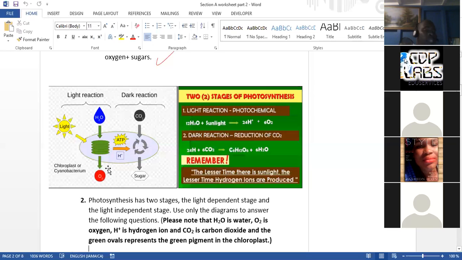So it suggests that oxygen exited the chloroplast. So during the light stage, note that this arrow is pointing that it remains in the chloroplast. Good? And then it goes into that stage. Follow me?